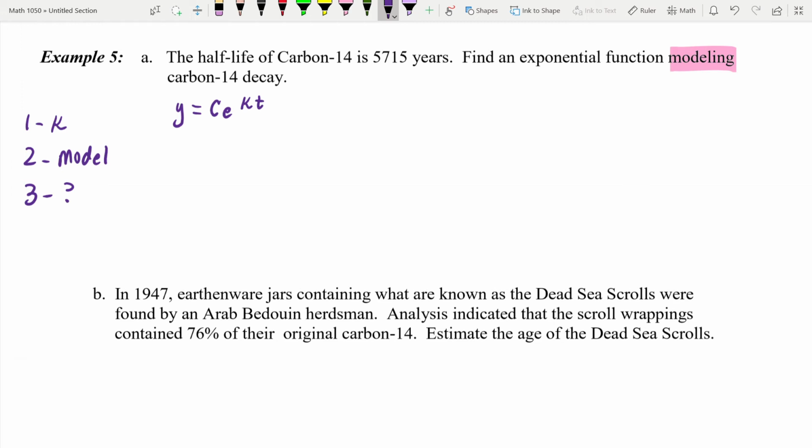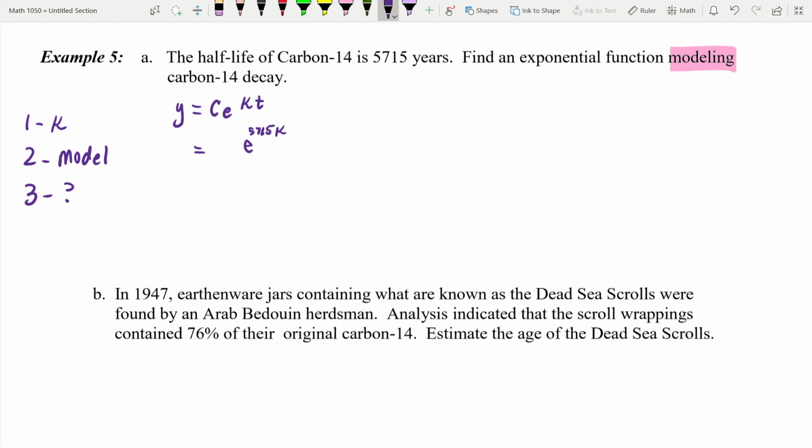I know my first task is to find my K. So leave your e as e, leave your K a K. Now I have to have a number for y and for C and for t. Well, I know the half-life is 5,715. That's a time, so I'm going to put that here, 5,715.